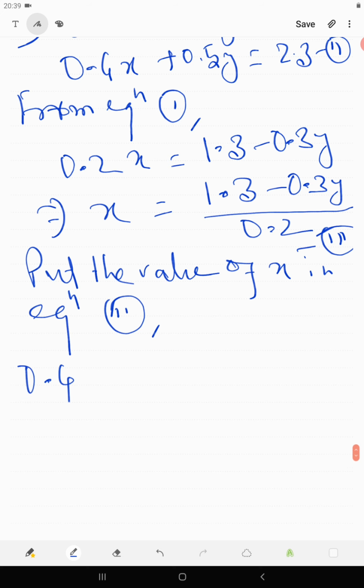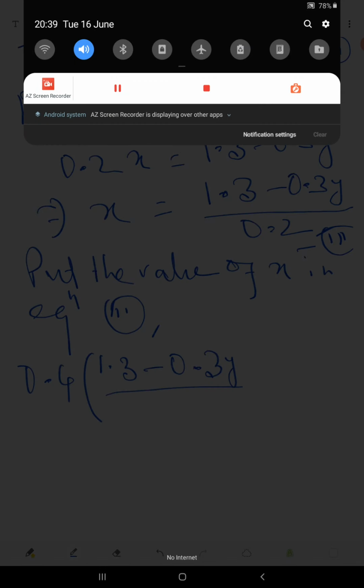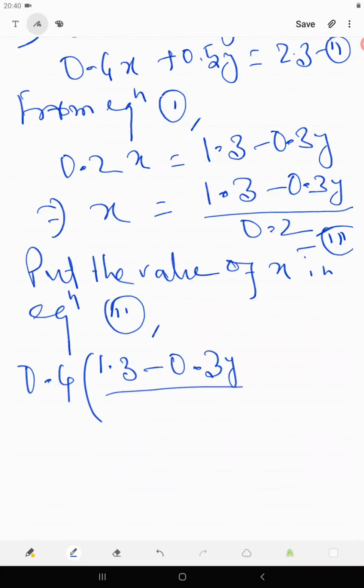0.4 into 1.3 minus 0.3y, so we will substitute 1.3 minus 0.3y divided by 0.2, plus 0.5y equals to 2.3.